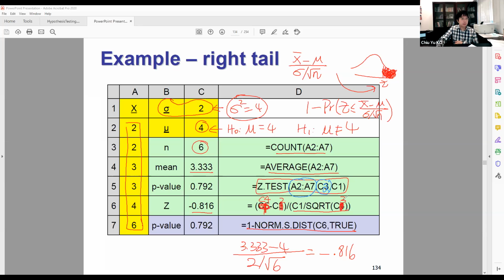This is 2, and you give them the variance 1. That gives you the z-test directly. So if you are given data, you can skip these two steps and go directly to the p-value.